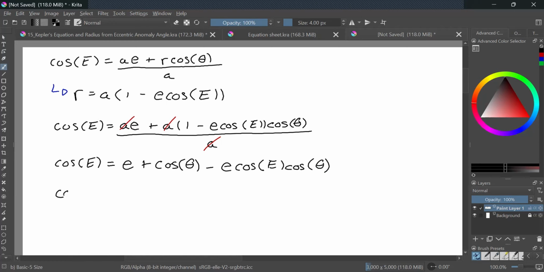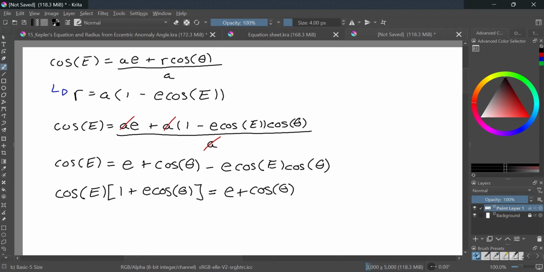So we have cosine of E times, I'm going to use brackets for this, 1 from this guy, and we're going to get plus e cosine theta from that guy, plus e cosine of theta. That's equal to the parts we left behind, eccentricity plus the cosine of theta.